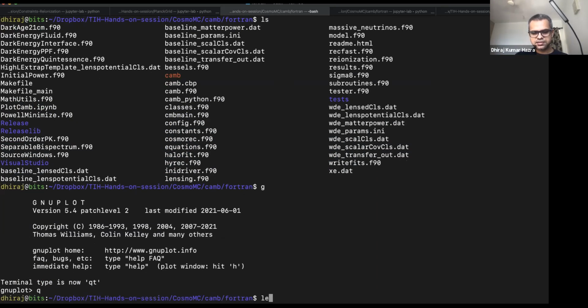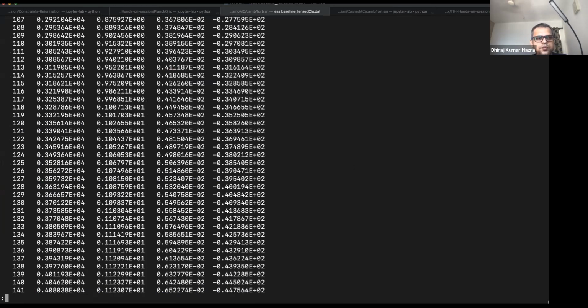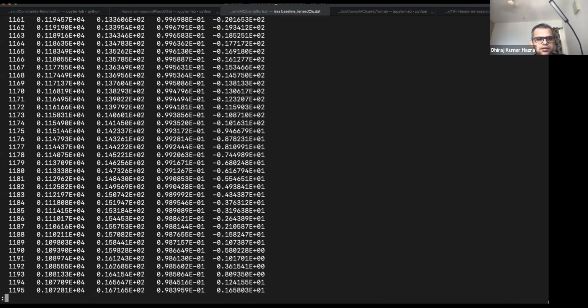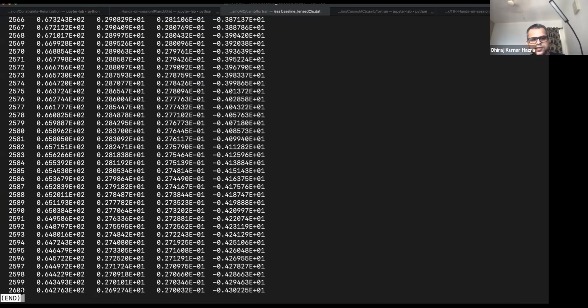Now just check what is there in that file. Less baseline lensed CLs.dat. So the first column is L, from quadrupole, if you go down, to 2600.